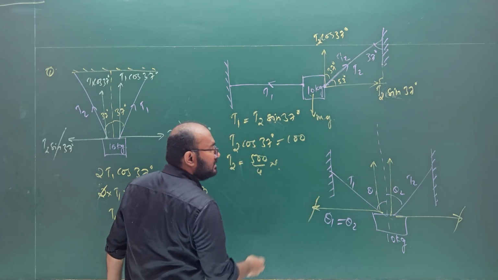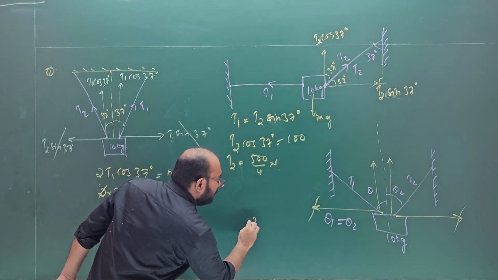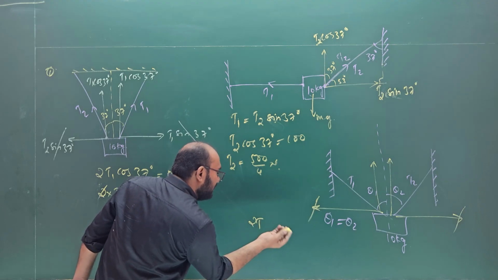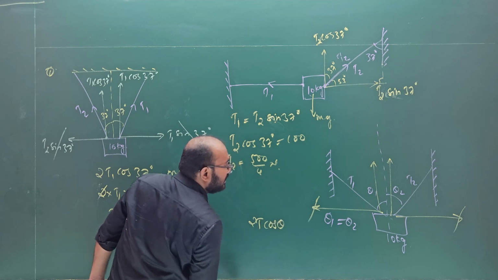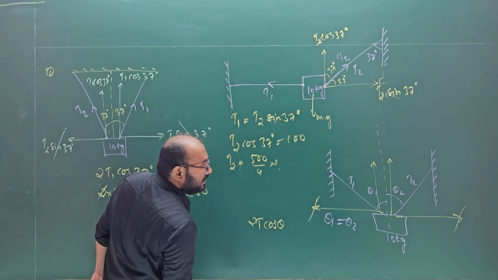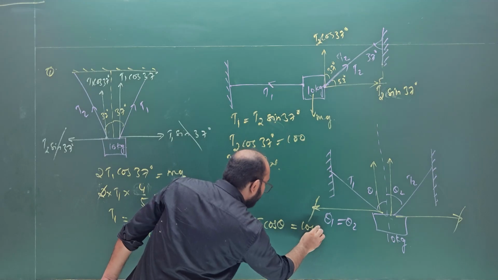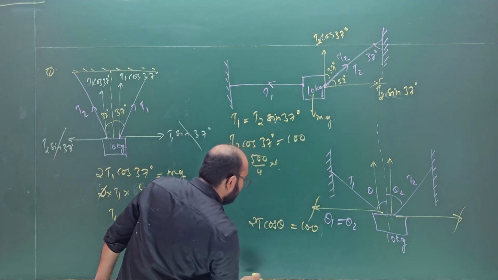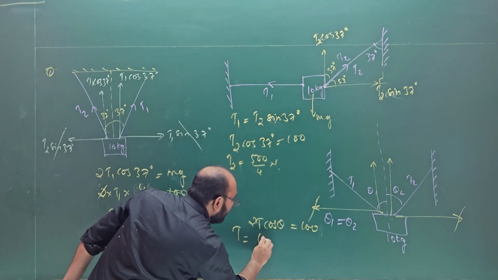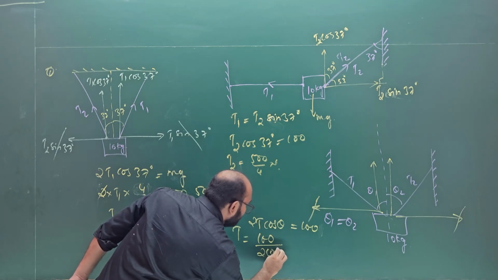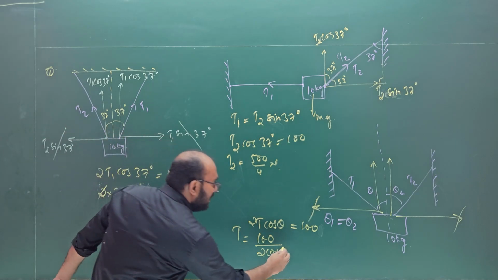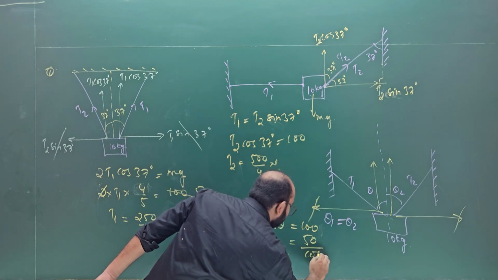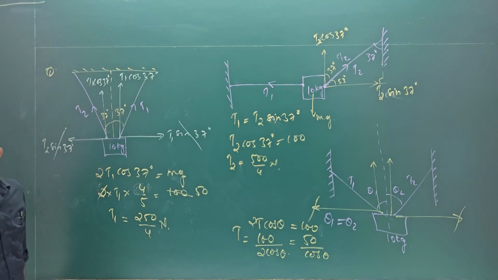So can I say that in this one, 2 times T1, or T2, take anything, both will be having the same value, T cos theta, and both thetas are equal, which is equal to 100. And T is nothing but 100 upon 2 cos theta. Whatever value of theta you keep, you will be getting the answer. That is what? 50 upon cos theta. Done? Tension is over, topic is over, go home.